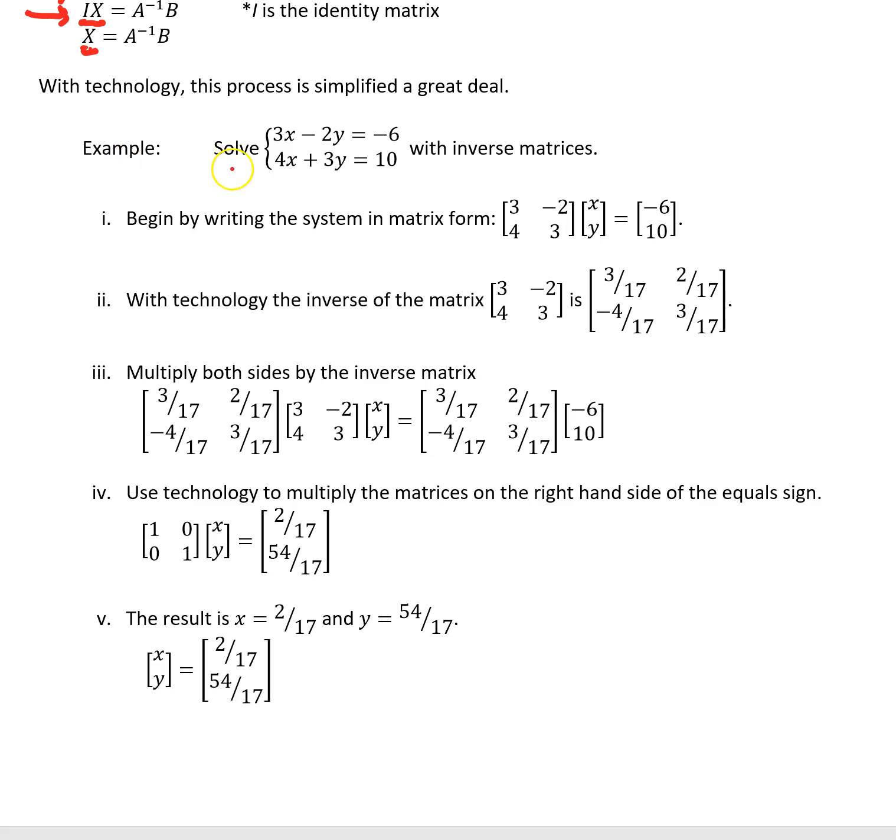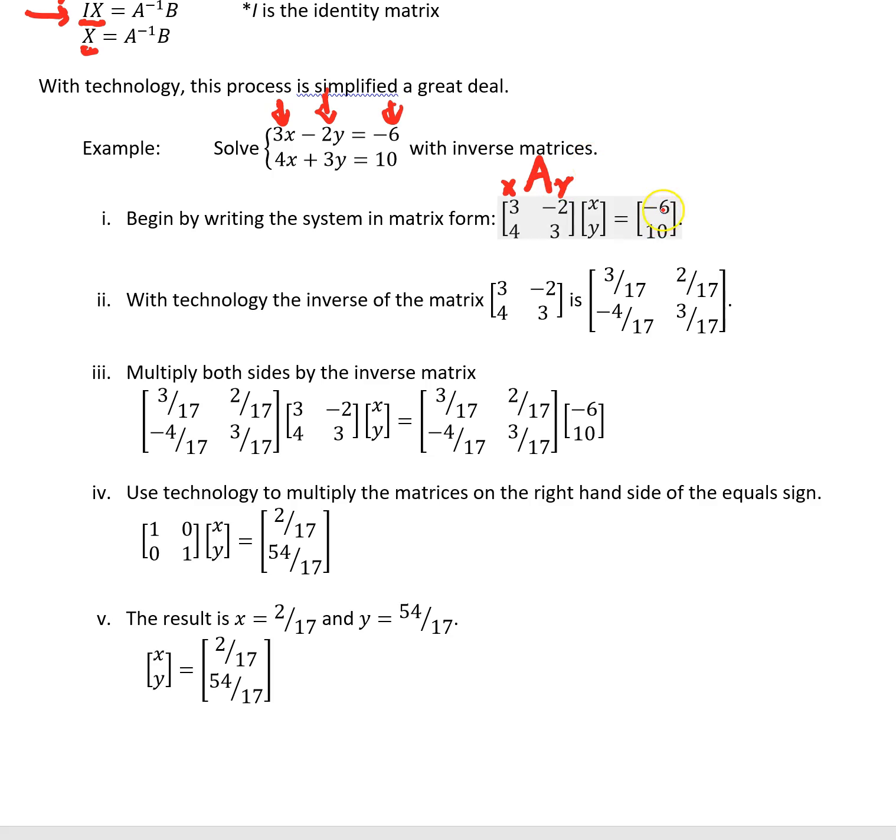It says solve a system of equations 3x minus 2y equals -6 and 4x plus 3y equals 10 with inverse matrices. So I'm going to begin by taking all the coefficients in front of x and y and the constants at the end and place those in particular matrices. The first matrix A has all the coefficients for x and then all the coefficients for y.